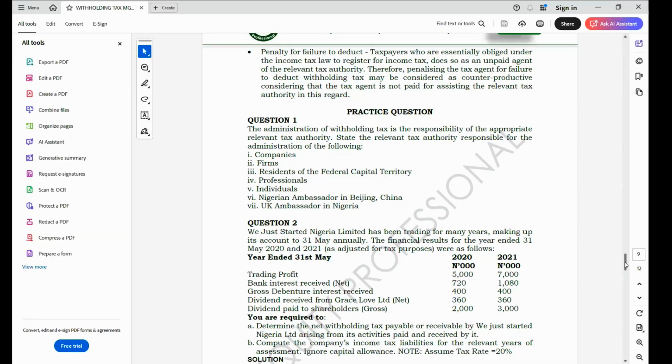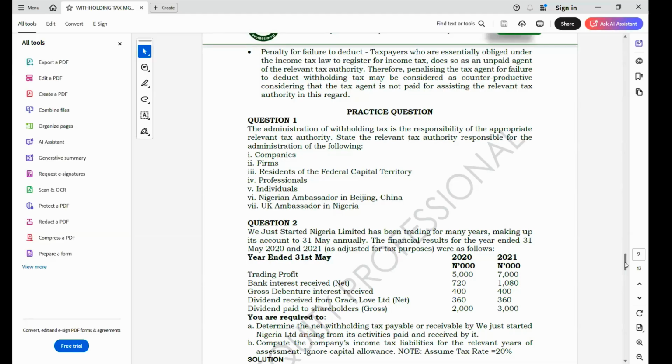If you are dealing in vatable goods and services above 25 million naira per annum, you are expected to deduct VAT. So once you know your annual transactions are going to exceed 25 million naira, you must deduct value added tax, and after deduction, you remit to the relevant tax authority.